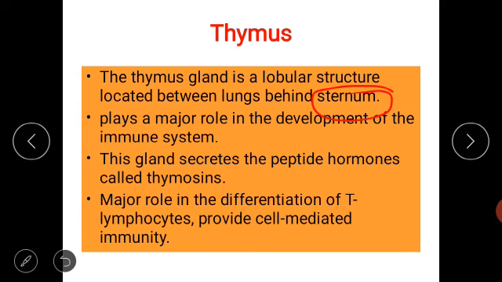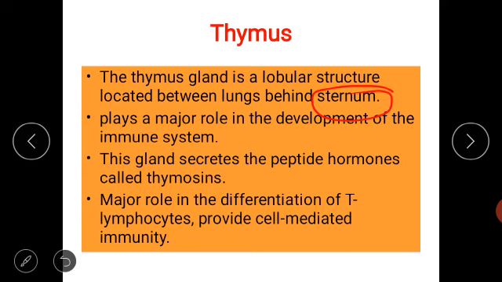This gland has importance in the development of the immune system and production of T lymphocytes. The T lymphocyte is an important cell which plays an important role in killing and catching the pathogens. So that is the role played by the thymus gland.